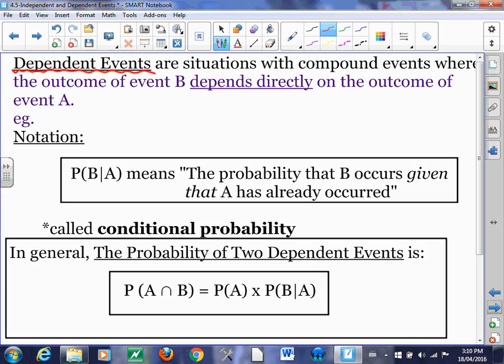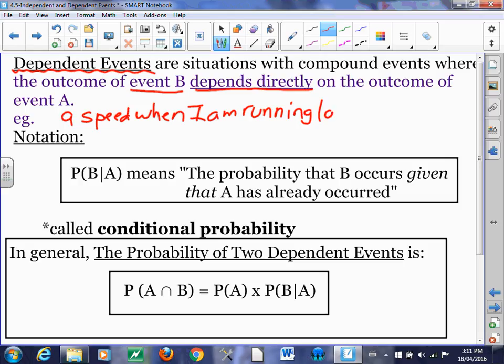Okay, so dependent events are situations with compound events where the outcome of event B depends directly on the outcome of event A. So, for example, I speed when I am running late, or I'm in a hurry.